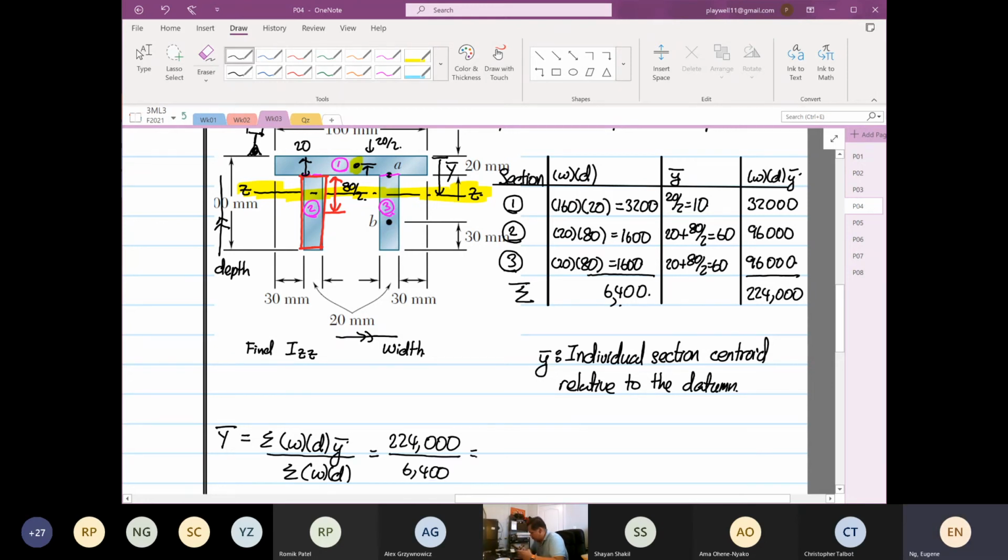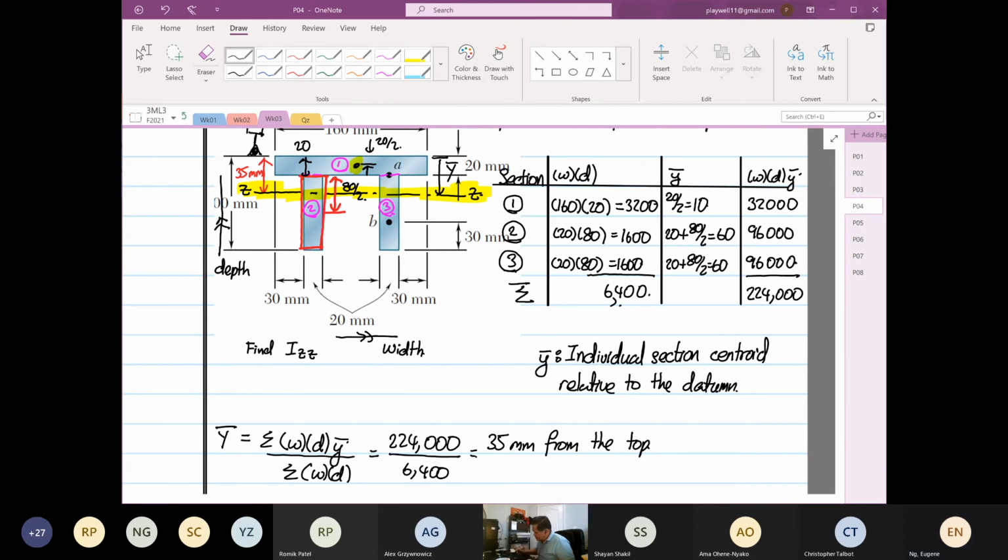So 224,123 divided by 64 is equal to 35 millimeters from the top. What we just found is the distance from here to here. That distance over there is 35 millimeters. So this is how you find the centroid.